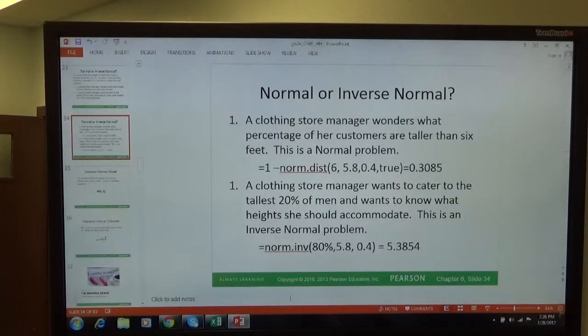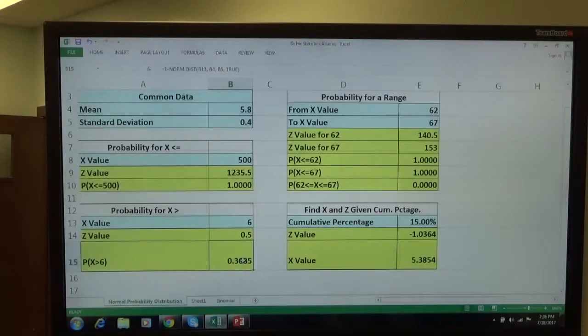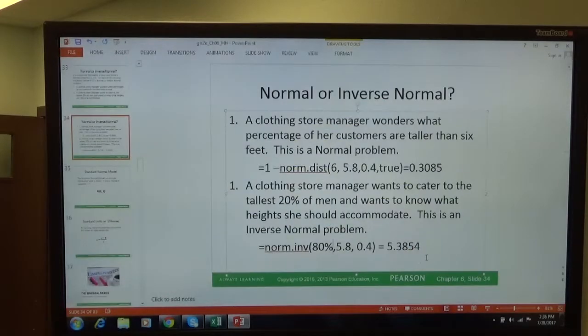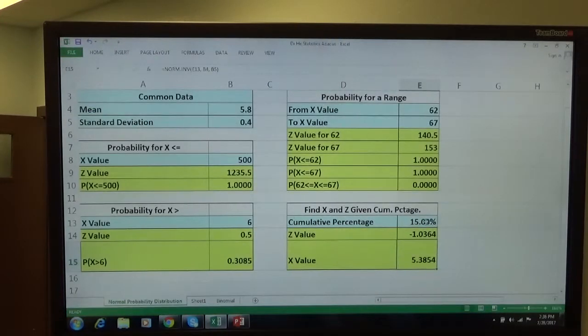Yeah, so I should have put 80%. And I believe 80% will give us the probability. Let's find out. The mean is 5.8, 0.4, top 20%, so we'll put 80%.